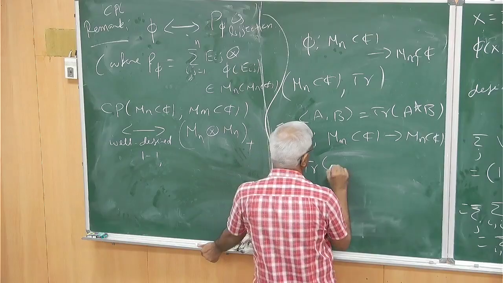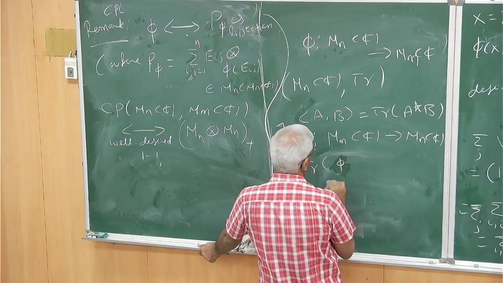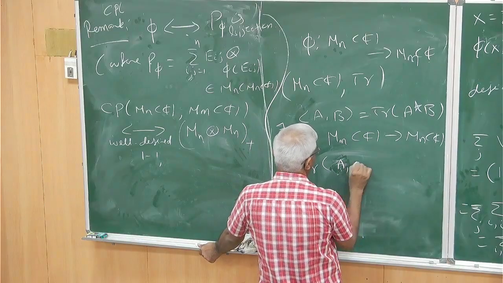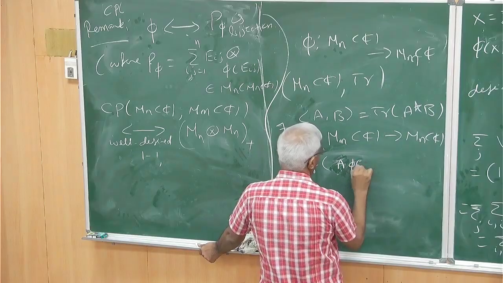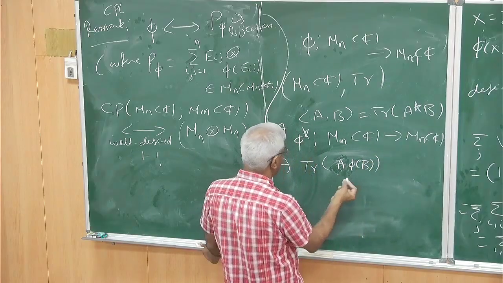Trace of A phi of B. Instead of A, you can take A star or whatever, doesn't matter.